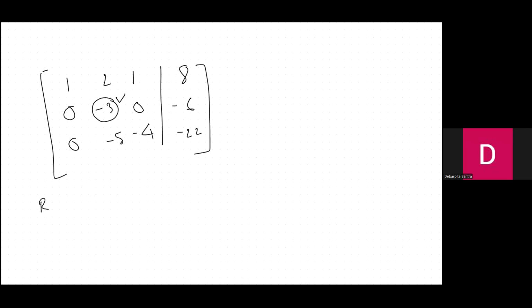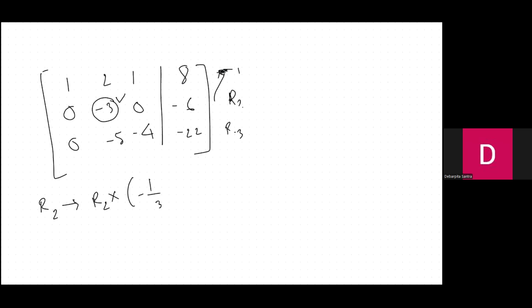This is our row 1. Sorry, this is our row 2. This is our row 3. So in row 2, we have to make 1. So row 2 becomes row 2 into minus 1 by 3.